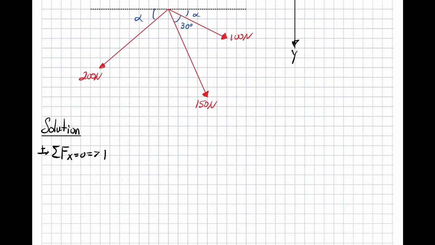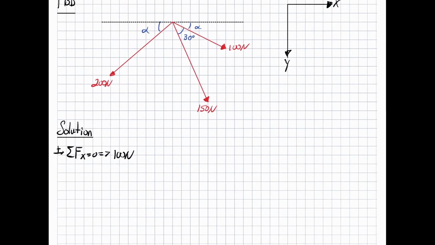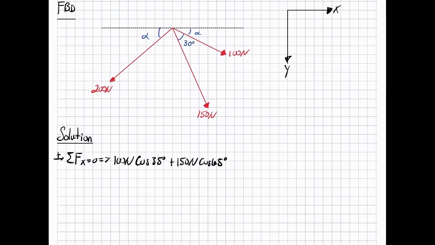We have 100 newtons times the cosine of 35 degrees, because that's at an angle, plus 150 newtons cosine of 65 degrees, and the 65 is 30 plus the alpha, which they gave us to be 35 degrees, minus 200 newtons cosine of 35 degrees, all equal to 0.